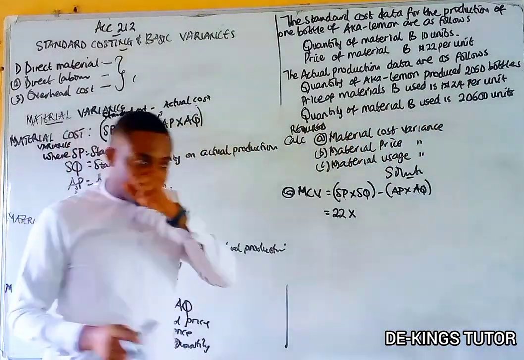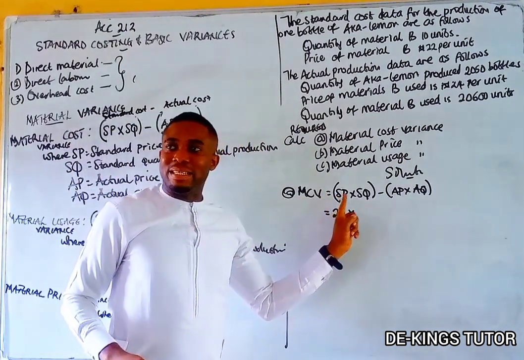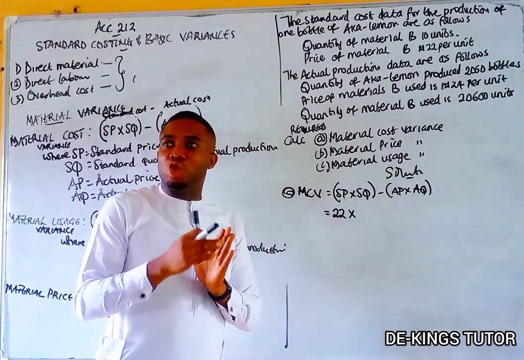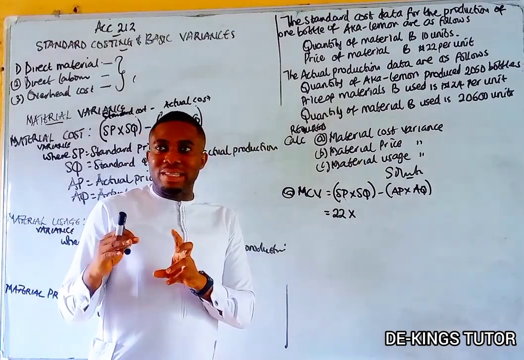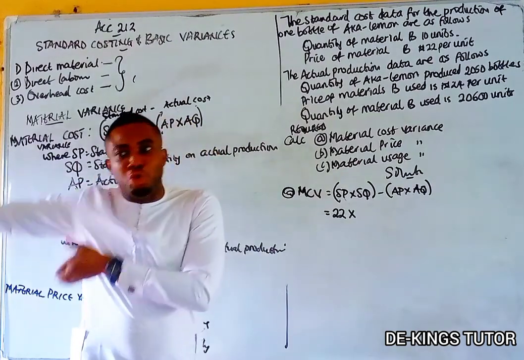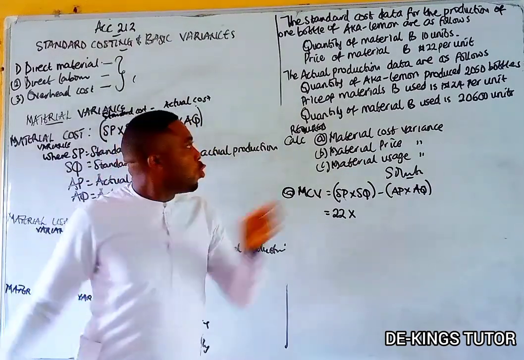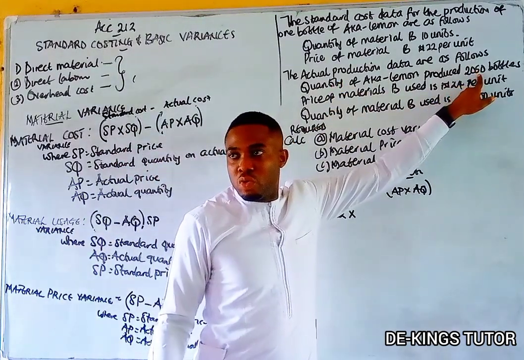Please look up. Now, we said this is the standard price. The standard quantity is always on actual production. We are relating what should be the standard quantity to what they actually produced, which is 2050 bottles.